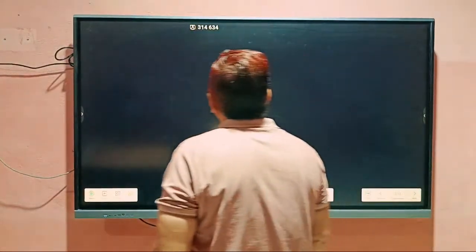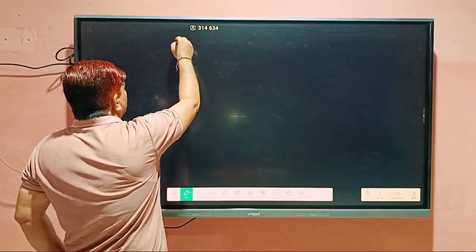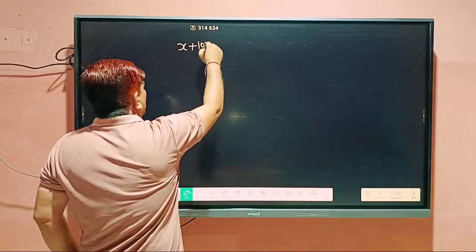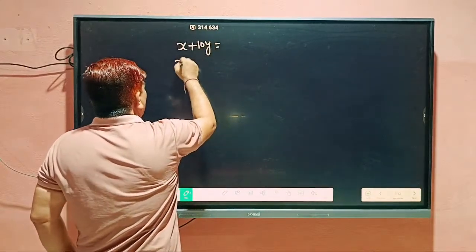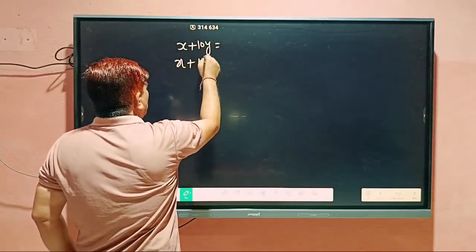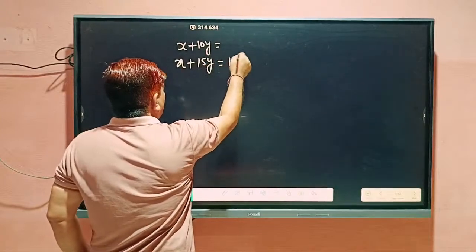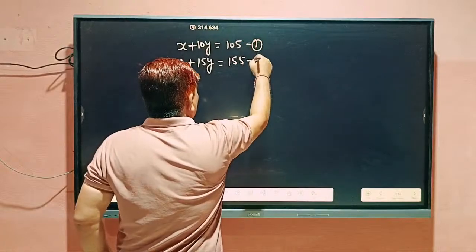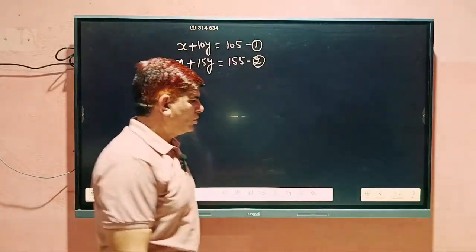The equations are: x plus 10y is equal to 105, and x plus 15y is equal to 155. This is your equation number 1, this is your equation number 2.